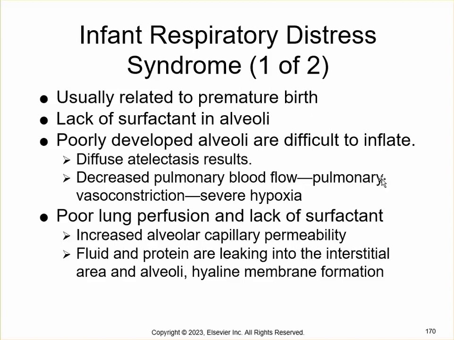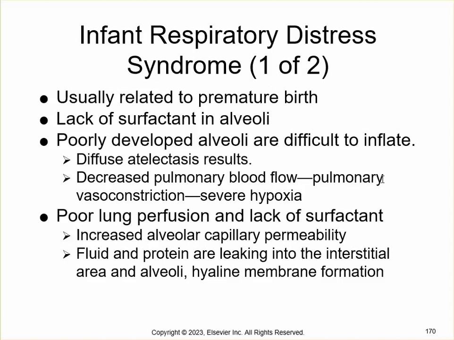So it makes no sense for the lungs to develop early in gestational development. The lungs are kind of the last things to develop, and the type 2 cells in the alveoli that produce the surfactant are the very last thing that happen to prepare for the breathing.